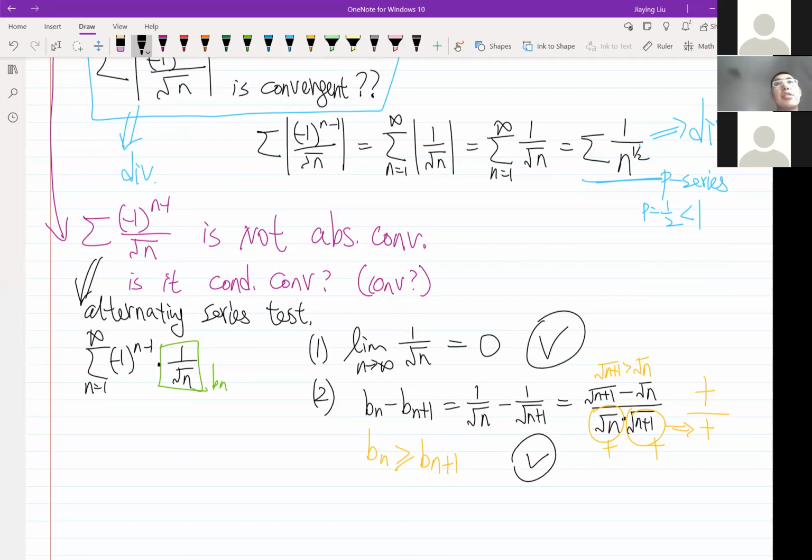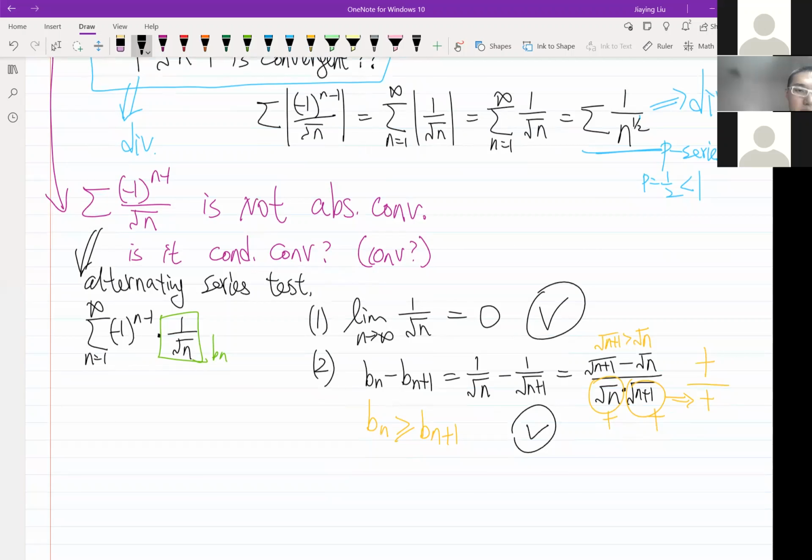Using alternating series test, both conditions are satisfied. Therefore, this series that I want to know if it's convergent, because both conditions are satisfied, this series is convergent.